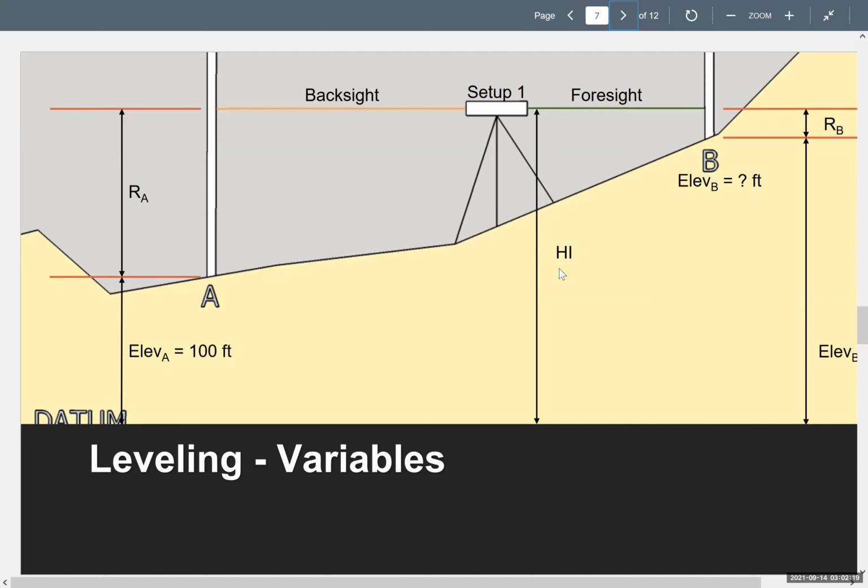But in this particular case in surveying, height of instrument has two definitions. It could be the actual height of the instrument, or it could be the elevation of the eyepiece all the way from the datum. In leveling, the height of instrument is the vertical distance from the eyepiece all the way to the datum. So you have to remember, there are different times you might see a different definition of height of instrument. That's why a schematic or a drawing is so helpful. Did I record?